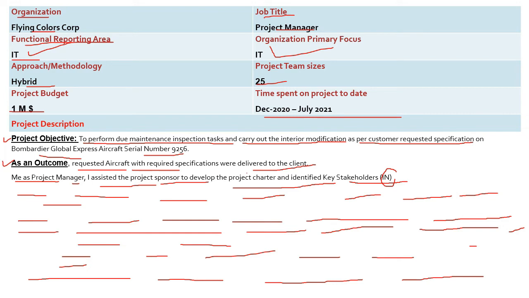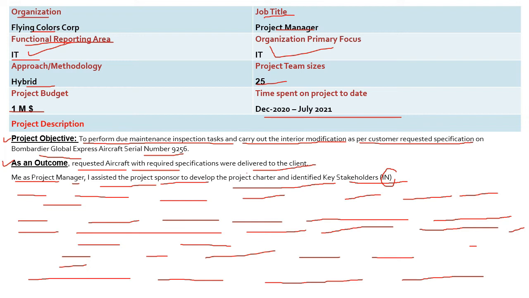That's most important. So here, me as a project manager, I assisted the project sponsor to develop the project charter and identified key stakeholders. Here you can see IN, which indicates initiating. So whatever activities you were involved in as part of the project initiating phase, you write here, like developing the project charter.